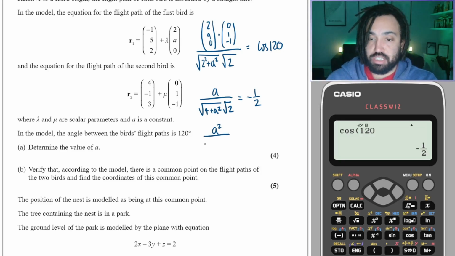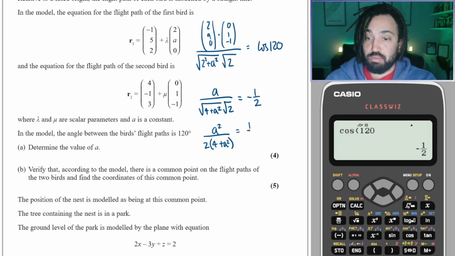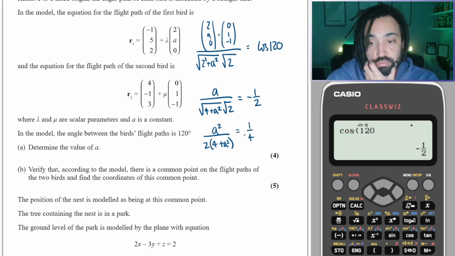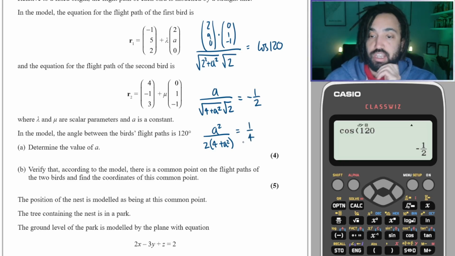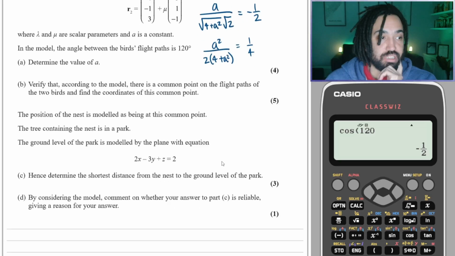I'm going to get 2 times by 4 plus a squared. I could do that because these two things on the bottom are multiplied together. When you square, you literally just square each part and keep them times together. And this will give me 1 over 4. Conscious I'm running out of space here, so let's bring this down to the bottom.